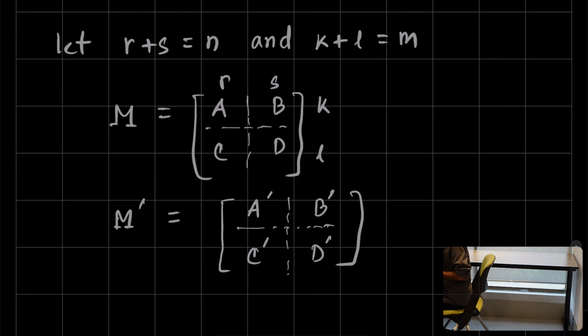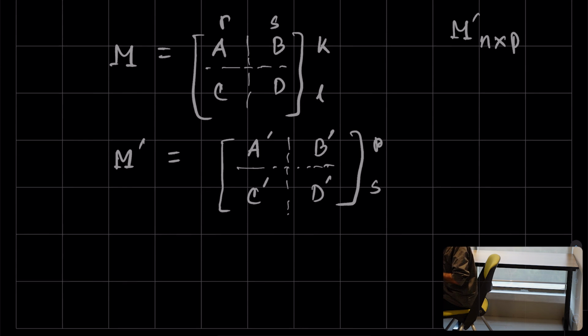We took R plus S equal to N, and the size of the matrix M prime is N cross P. So the number of rows in A prime and B prime has to be equal to R. This is R and this is S.